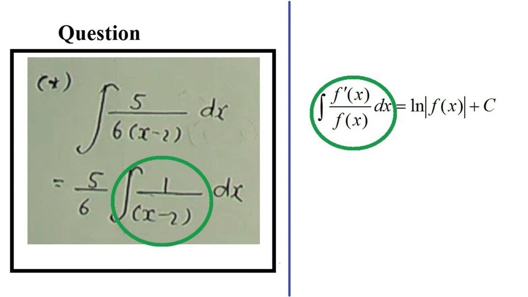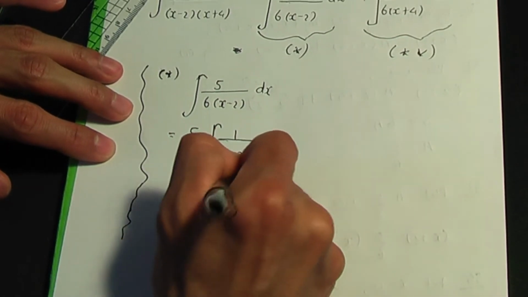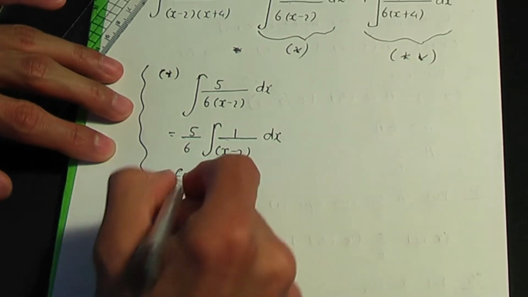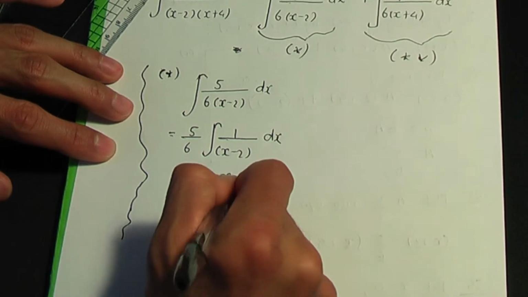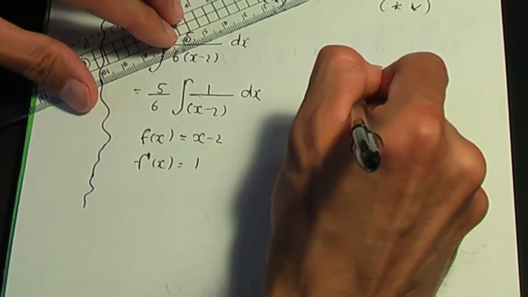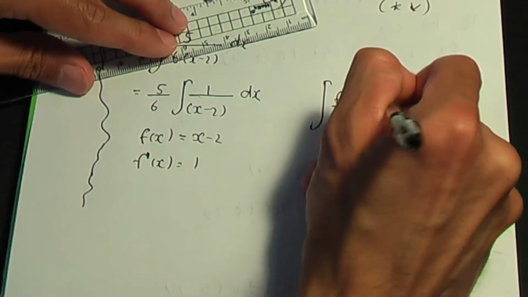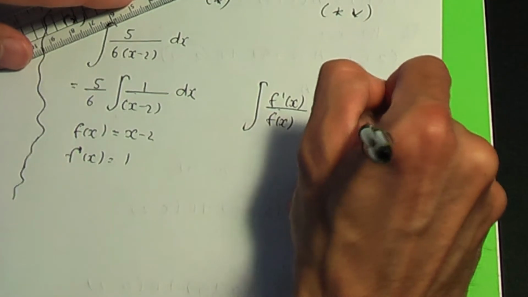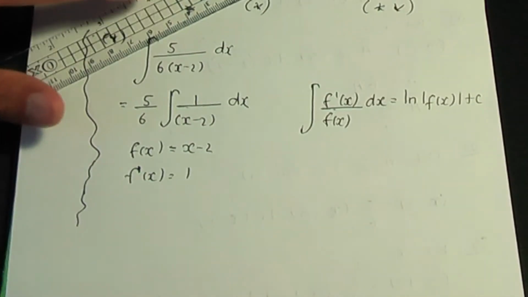Okay, so back to the paper and pen. f of x here is x minus 2. If I differentiate to get f primed, we have 1. So we're able to use this result, f primed over f of x with respect to x is ln modulus of f of x add c.